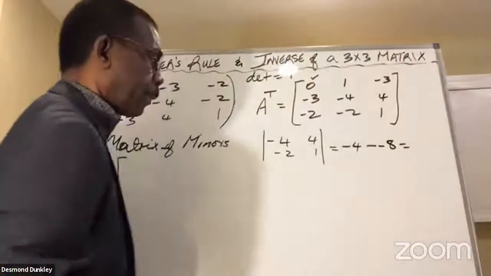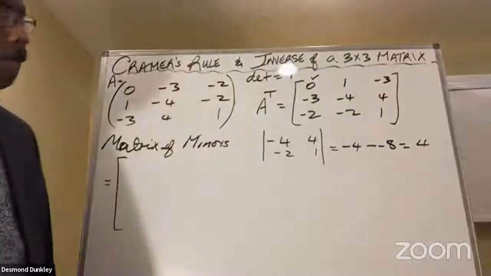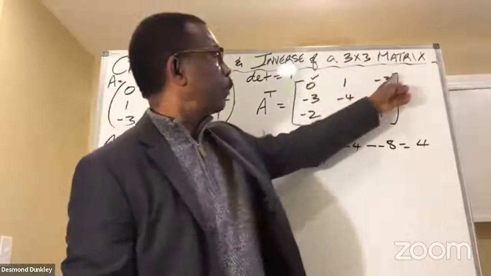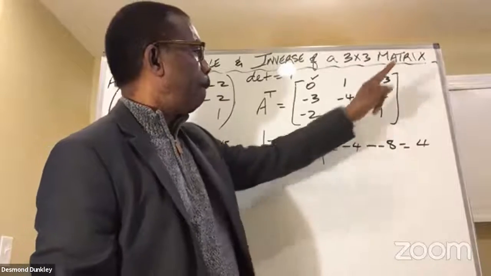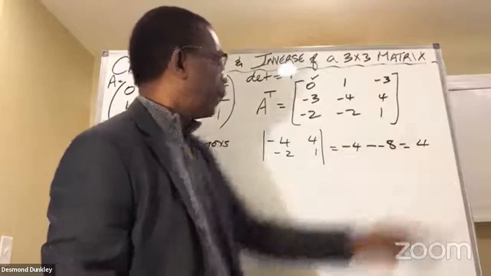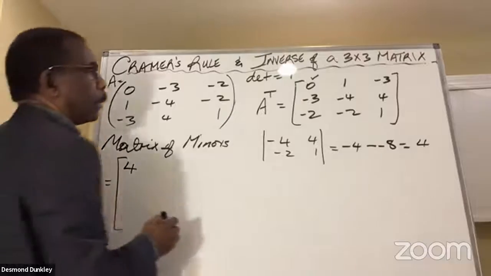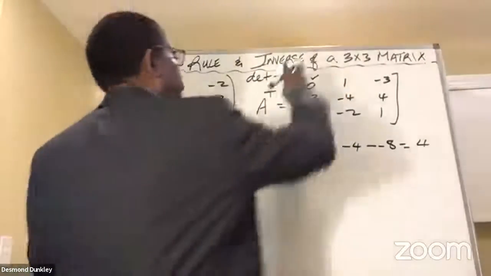So what does that equal to? That's equal to 4. Again, when you cross out this column and this row, we're left with negative 4 times 1, minus 4 times negative 2. So we get 4, and we put 4 in this position. So we're done with this.